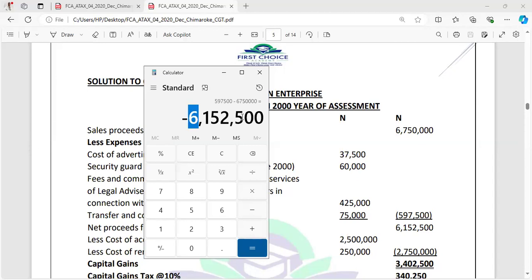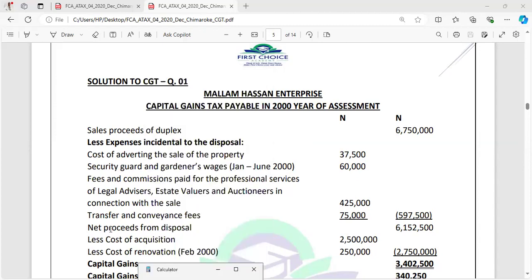So this is what is our net sales. So if you look at it here, this is our net sales proceed from the disposal, 6,152,500.